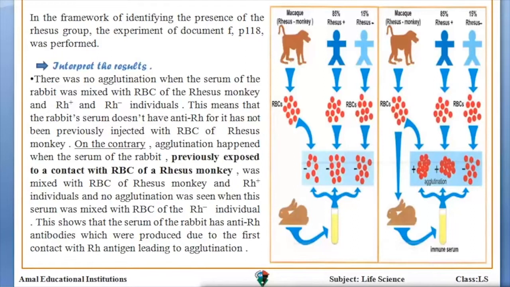In the second set of experiment, the red blood cells were also removed from the three sources and mixed with the serum of the rabbit. But as you would observe here, the results have differed from the first case.